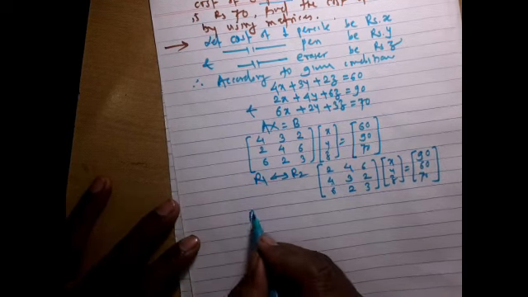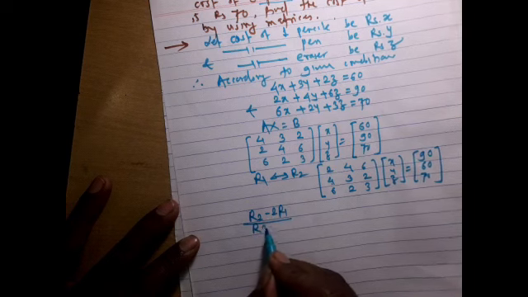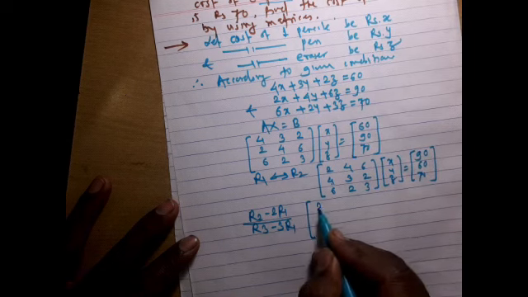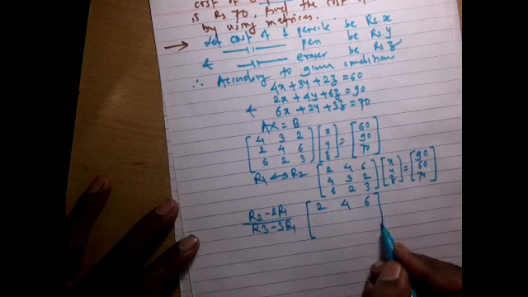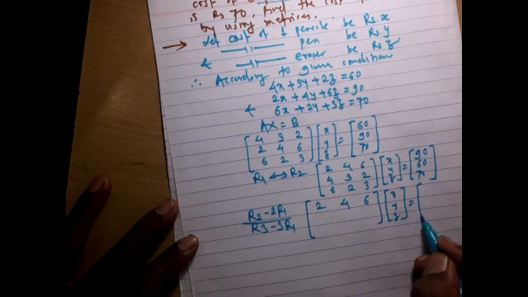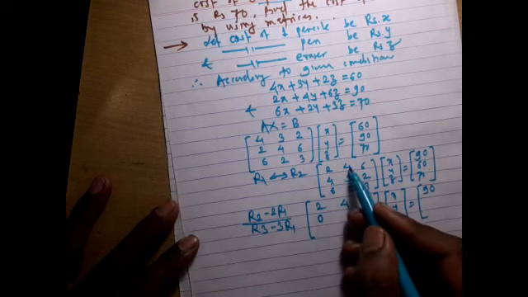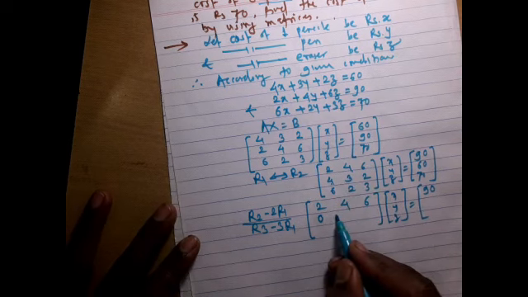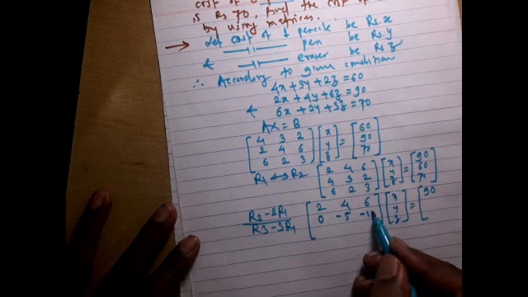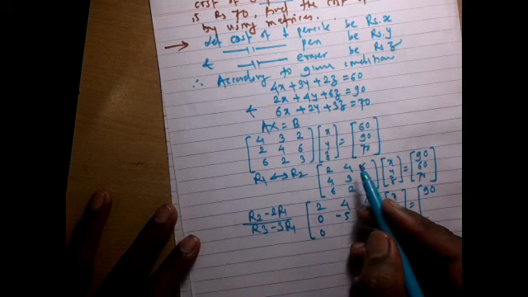Since I am going to use the method of reduction, my aim is to make these two 0. Then R2 minus 2R1 and R3 minus 3R1. So R1 will remain unchanged. 2 to the 4 minus 4, 0. 4 to the 8 minus 3, that is minus 5. 6 to the 12, 2 minus 12 is minus 10. 2 to the 6 minus 6, 0. 4 to the 12 minus 2, 10.